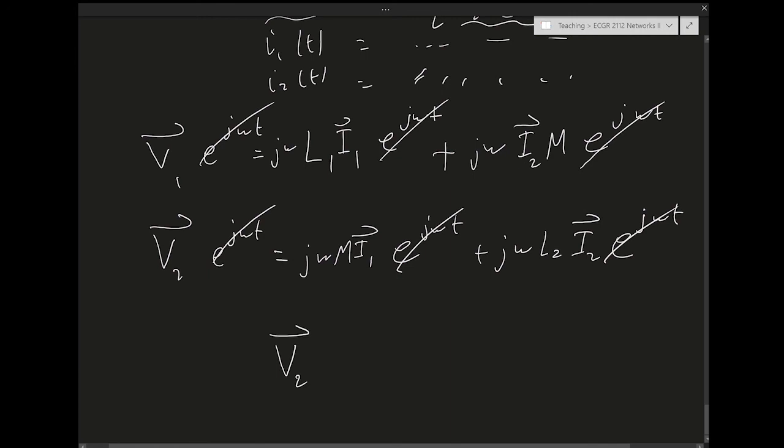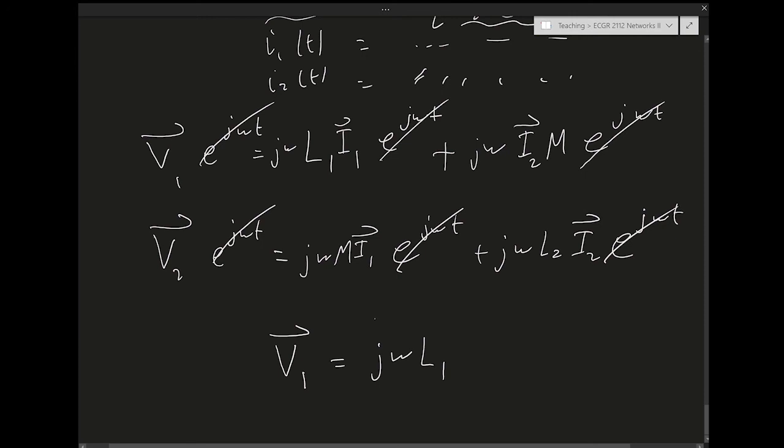So this is what the phasor equations for a mutual inductance look like. V1 is going to be jωL1 I1 phasor, this is the self impedance, plus the mutual impedance, which is jωM I2. Instead of the differentiation, we have jω. That's what it amounts to.